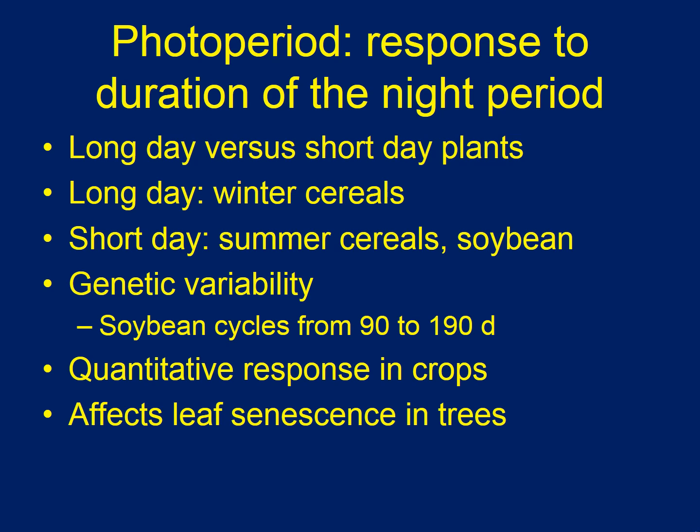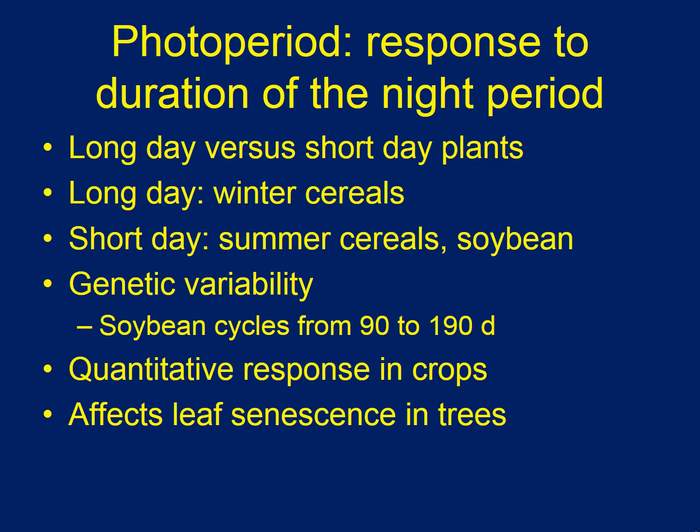On the other hand, short day plants like summer cereals or soybean will show their maximum development rate under conditions of short days. There is a lot of genetic variability within the species. So for a given species, we can find plants that respond or not to photoperiod.